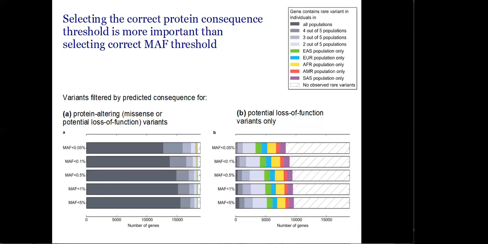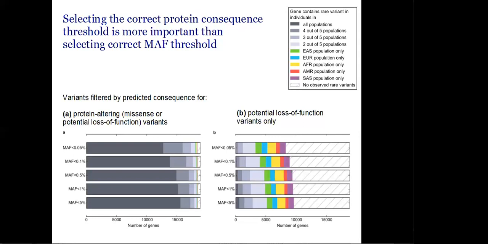For obvious reasons, loss of function variants are a lot more rare. So if you're filtering for only loss of function variants, you're really enriching for disease variants. Unfortunately, with this size of data set, many genes will contain 0 loss of function variants.